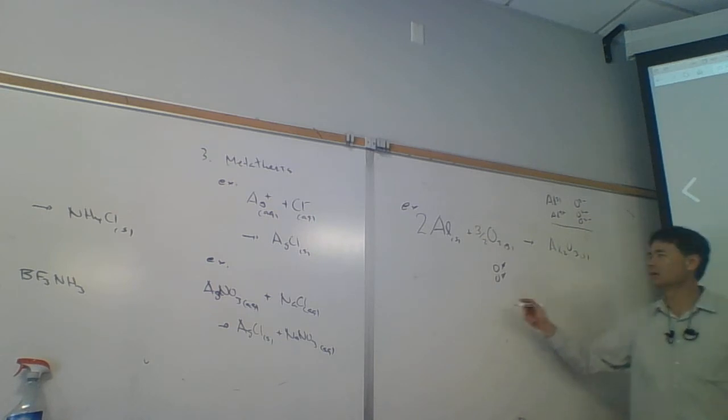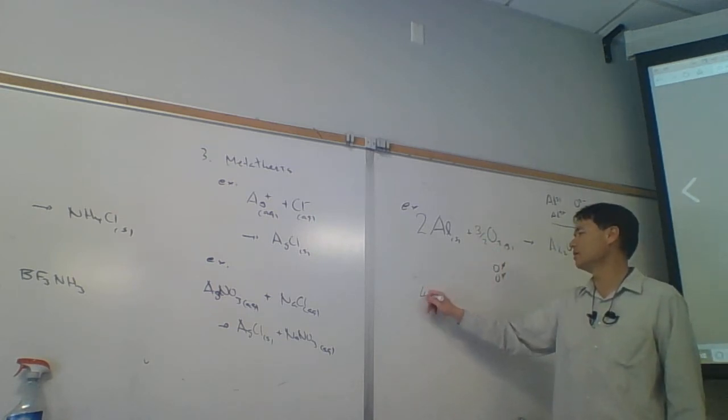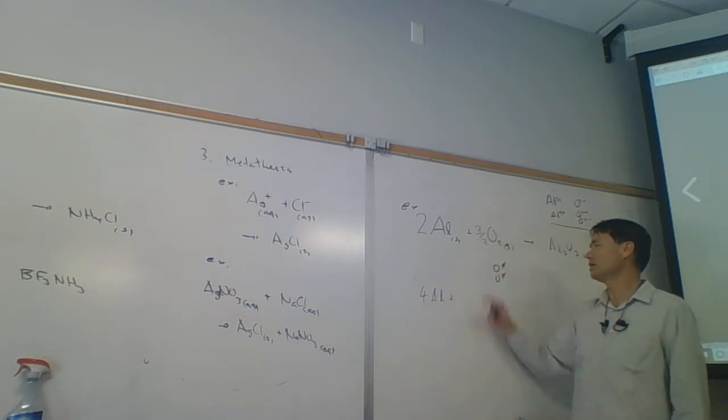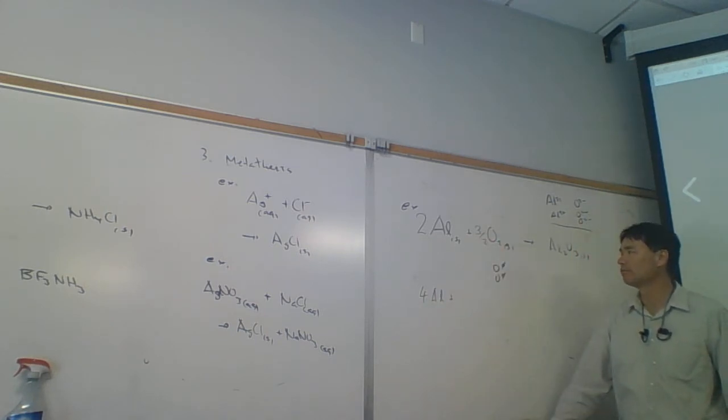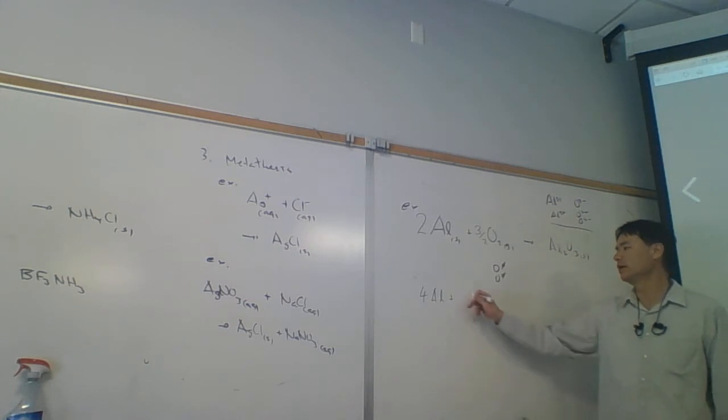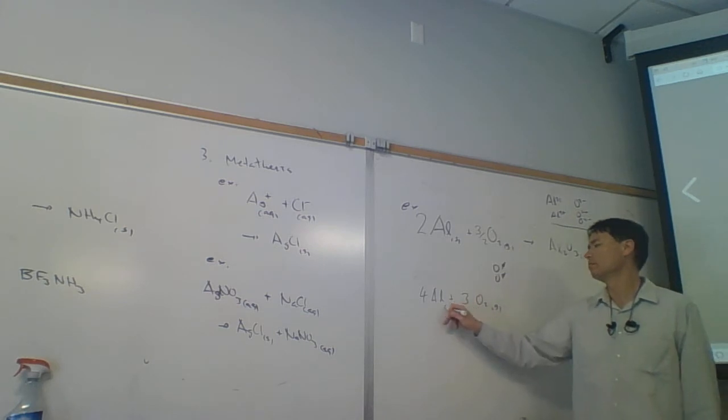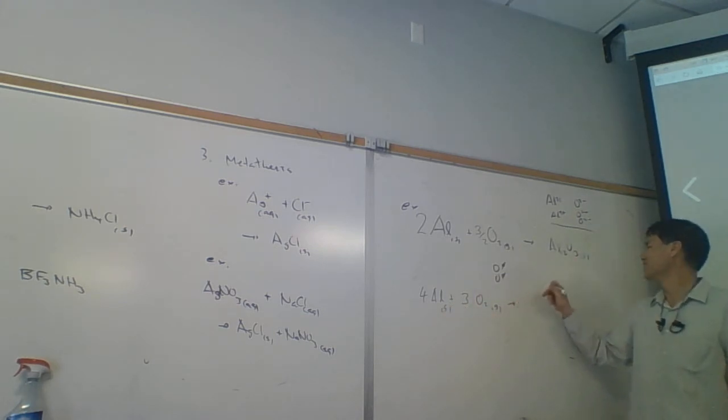If I double everything, that's one way to get rid of the fraction. I double it, so that turns into 4. And if I double this, that turns into 3 O2s. And if I double this, we'll just get 2 Al2O3.